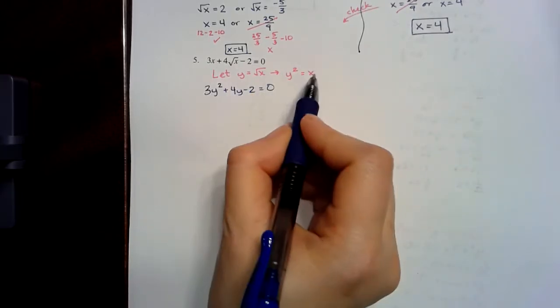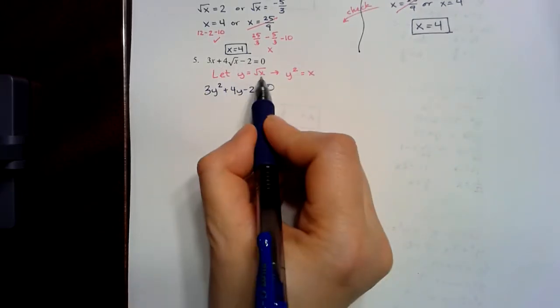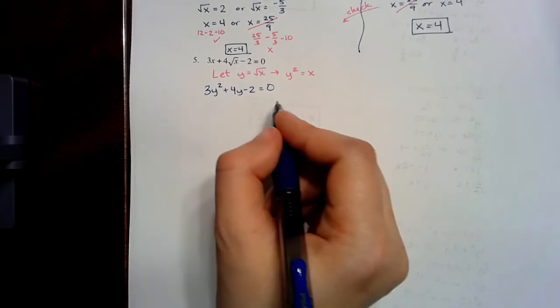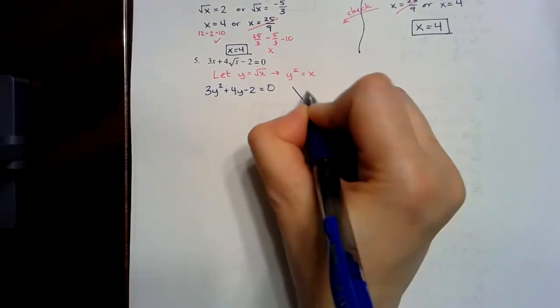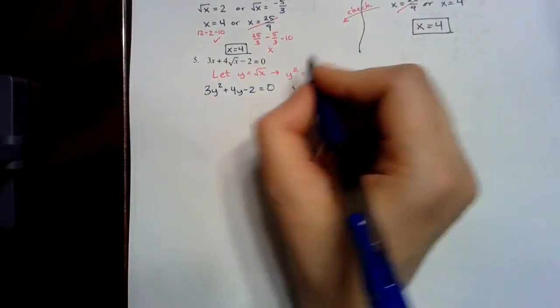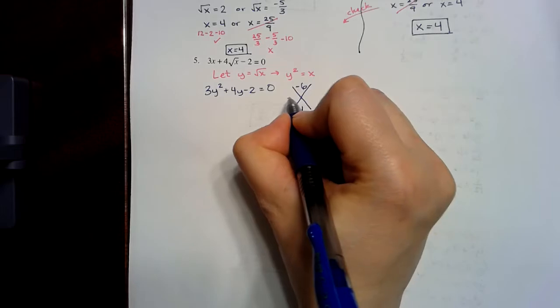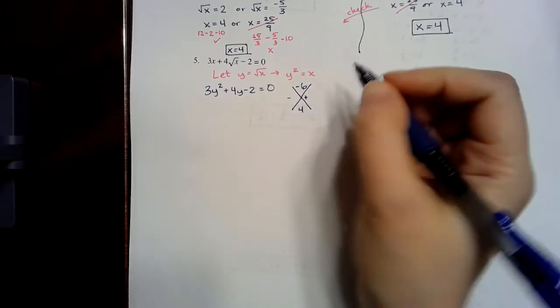So I can replace my x with y squared, and I can replace my root x with y. And now, again, I try and factor. Minus 6 plus 4, so it'll be a negative and a positive.